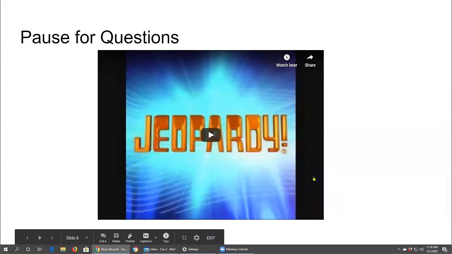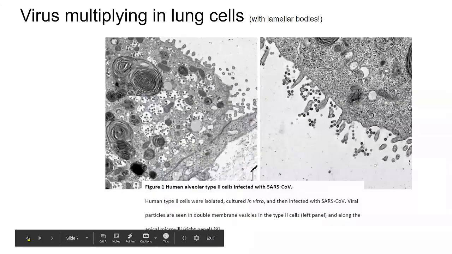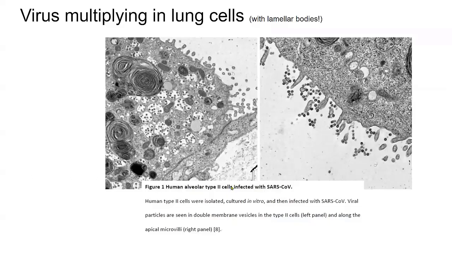Okay, here's a question from Mariana Kerfoot. Do all lung cells have ACE2 receptors? Okay, excellent question. In this slide, you can see they specify type 2 cells. There are different types of cells in the lung, and type 2 is the one that particularly expresses ACE2.